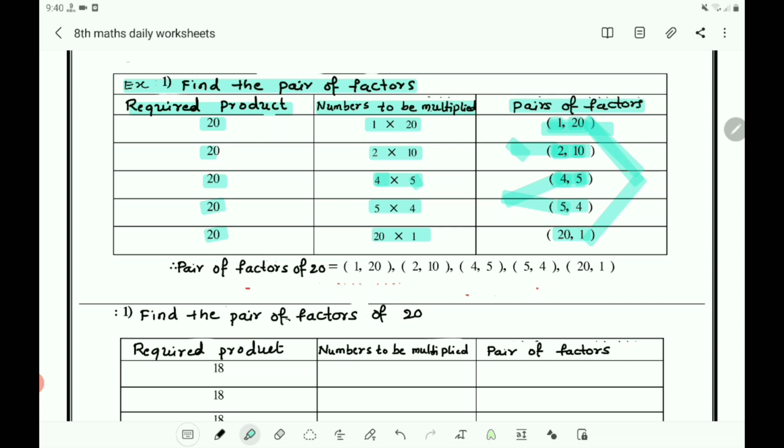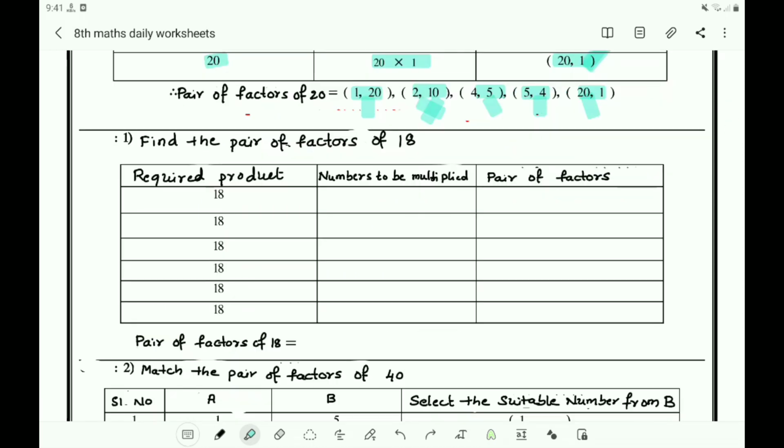Here this 1, 20 and 2, 10 pair are common. So here you write 1, 20; 2, 10; 4, 5; 5, 4. Here these two are the same and this is single. But you can write all the pairs interchanging the order.